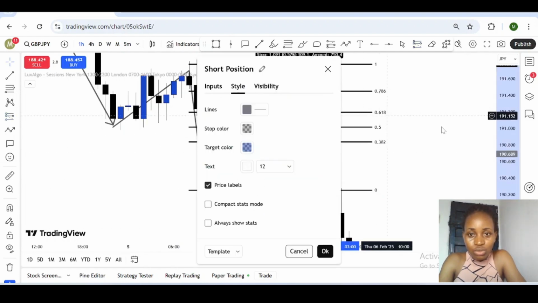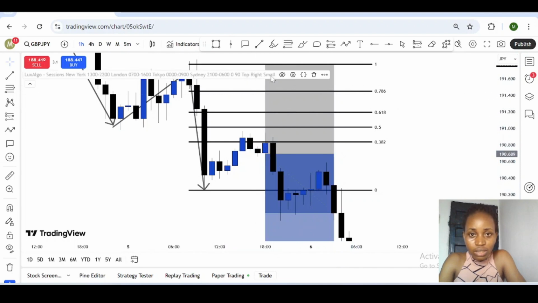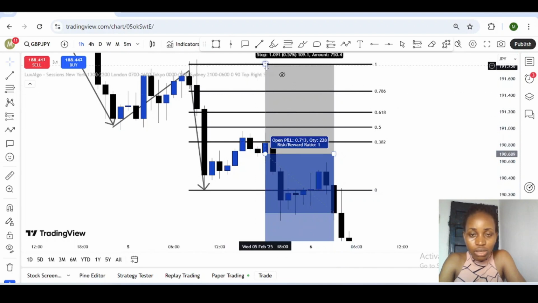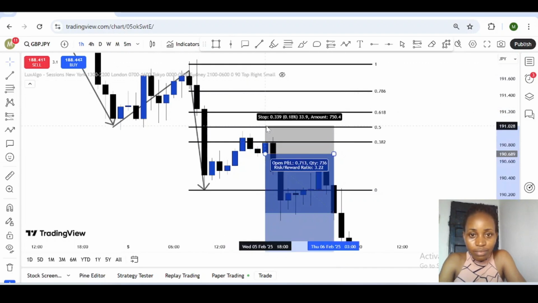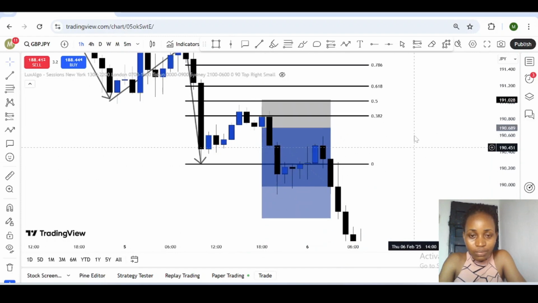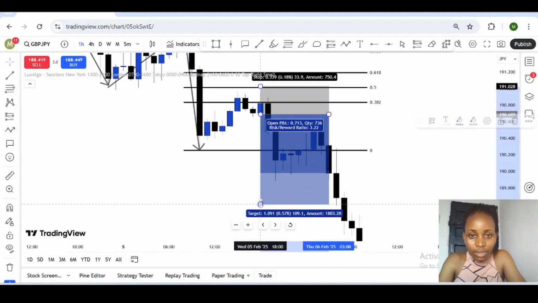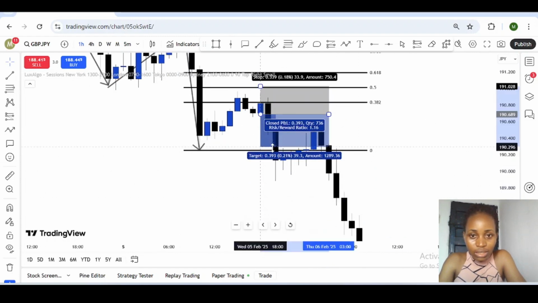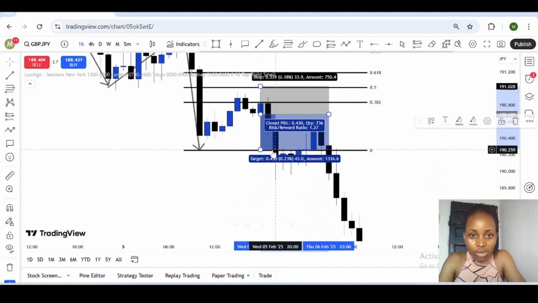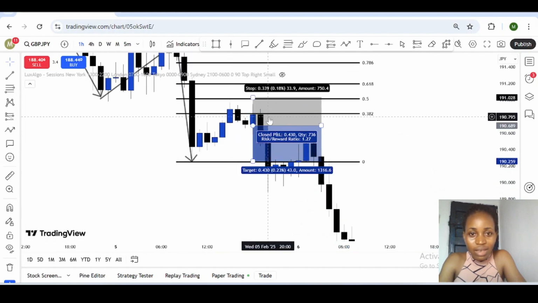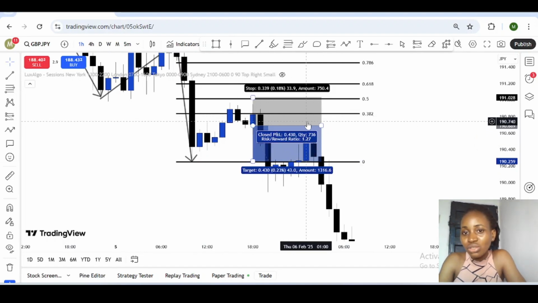Let's say this is actually where you want to pick your entry, around this point here, and this is the next swing that you want price to get to. You can see here that even when you pick entry here, you don't even have up to 1:2 risk to reward. So this shallow retracement is not what most people pay attention to.